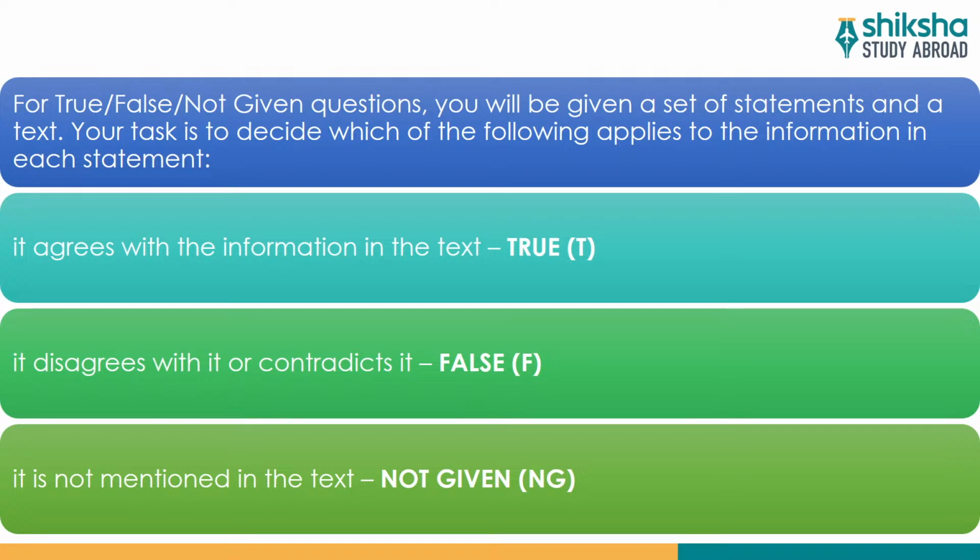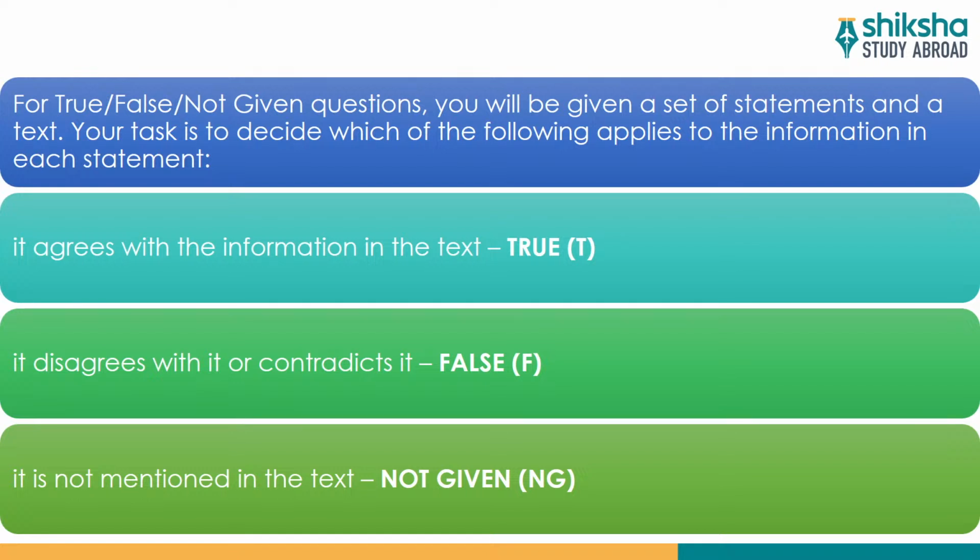All right, so without any further delay, let's jump onto the slide, which says for true, false, not given questions, you will be given a set of statements and a text. Your task is to decide which of the following applies to the information in each statement. If it agrees with the information in the text, it is true. If it disagrees with it or contradicts it, then it's false.